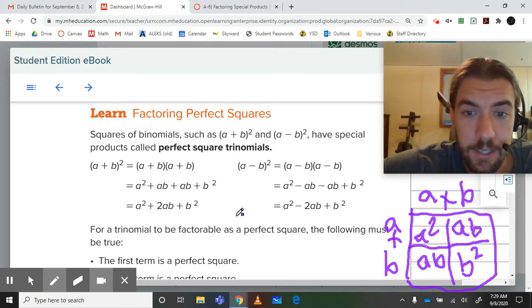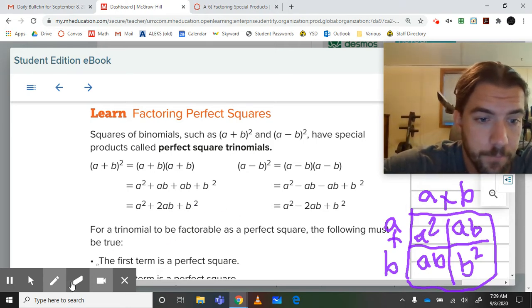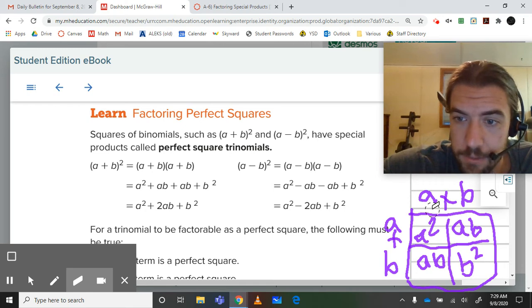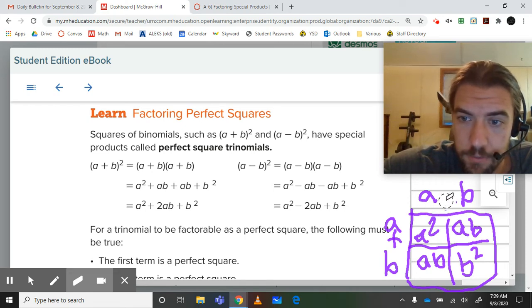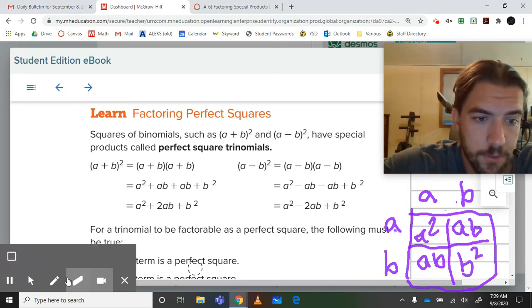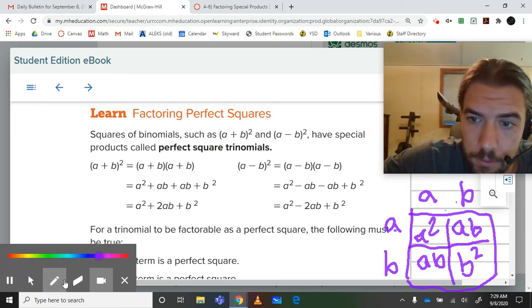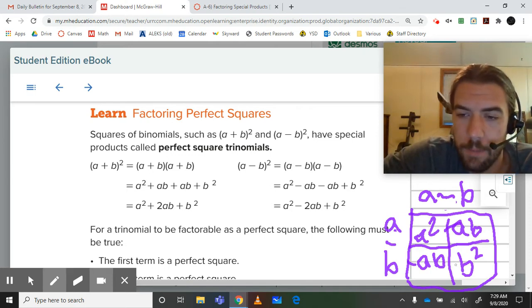All right, if instead of a + b, we have a - b, let's see if we can just adjust this really quick. Instead of a + b, let's change that to a - b. Well, the main difference here is that these corner boxes would be negative. How about this bottom right box?